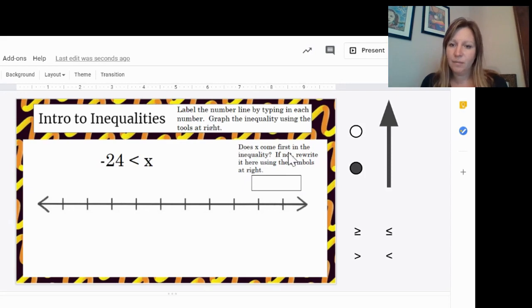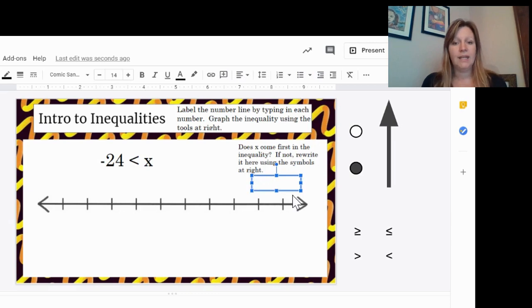So this little piece over here says, does x come first in the inequality? If not, rewrite it here using the symbols at right. So what I'm going to have you do is retype problems where x doesn't come first, or rewrite them should you ever use paper again. We're going to type this as x, and then we're going to type the negative 24.